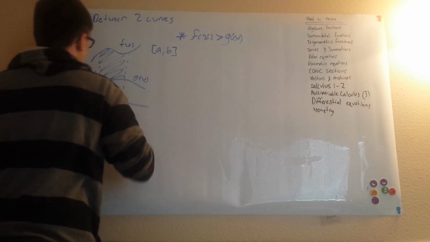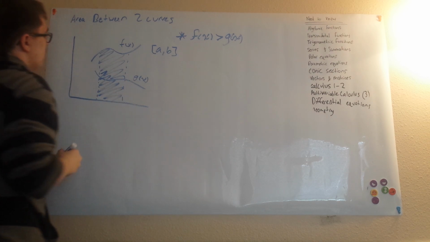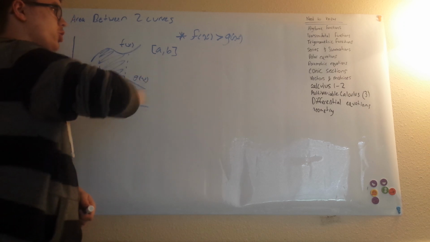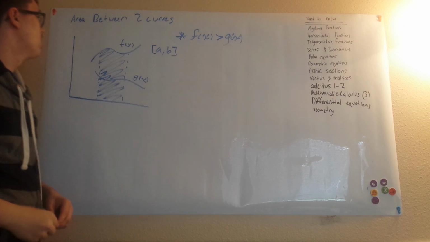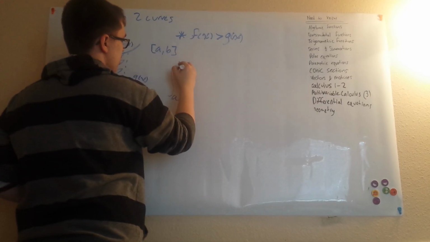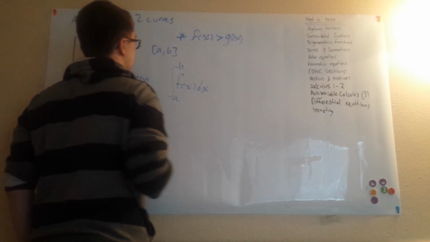So, what is the area under f of x, which I will denote by squiggles this way? Well, it's the integral from a to b of f of x dx, right?